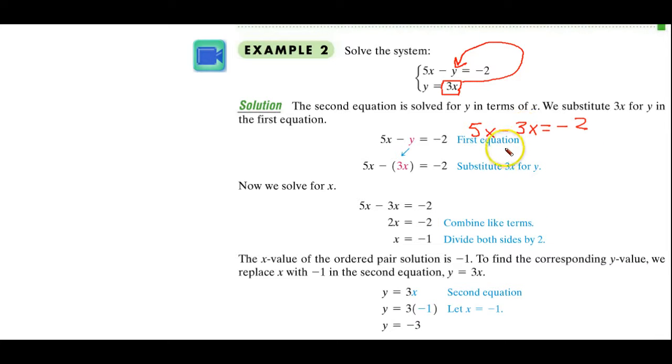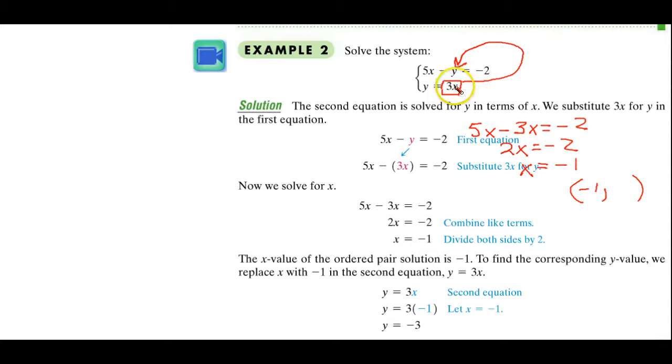So we group like terms, we get 2x equals negative 2. Divide both sides by 2, we get x equals negative 1.